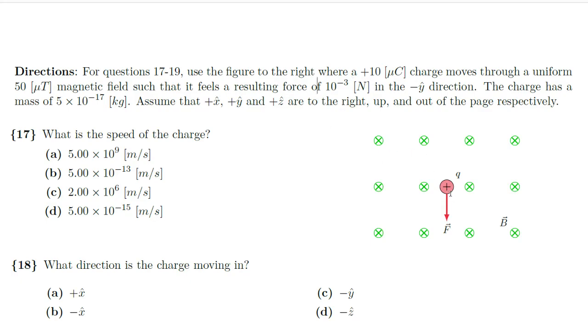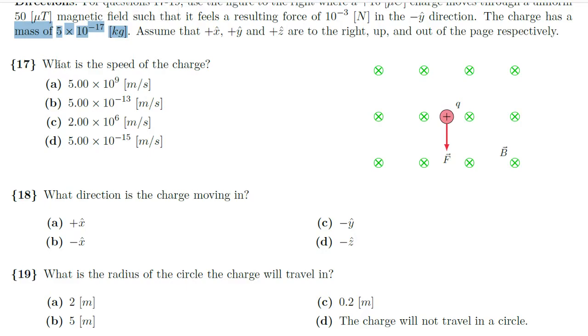So we know the force on this positive charge points directly downwards in the negative y direction, and we know its magnitude. We know the amount of charge, and the magnetic field in that region. We also know the charge has a mass of 5 times 10 to the minus 17th kilograms, if we need that.